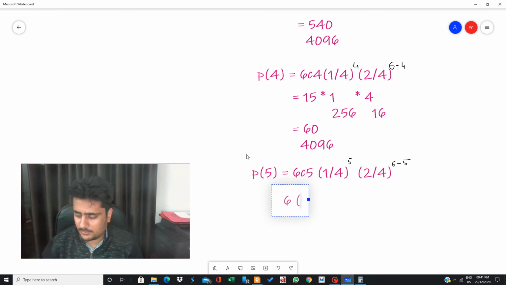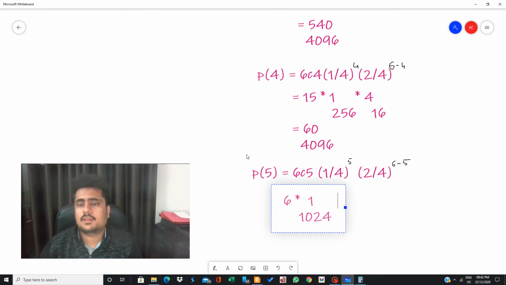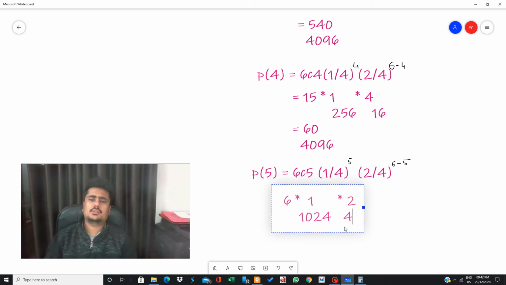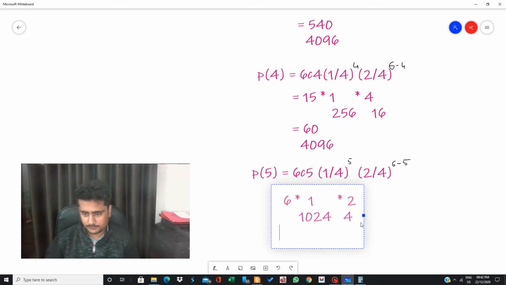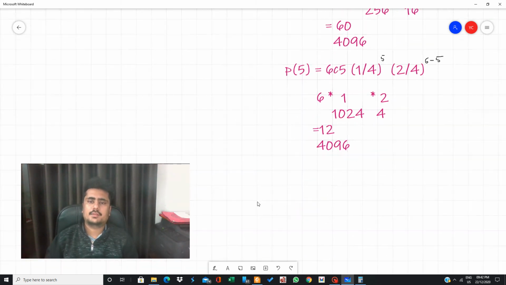It is 1 by 1024. It's 3 by 4. 3 raised to 1, 4 raised to 1. This is 18 by 4096.